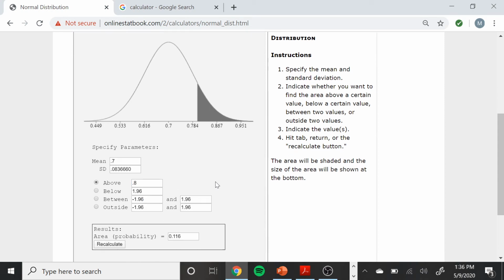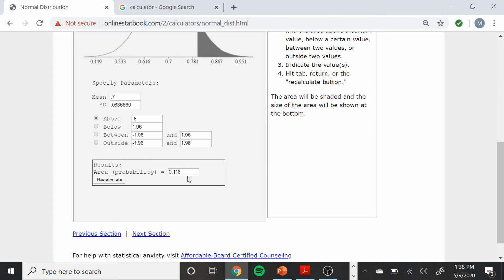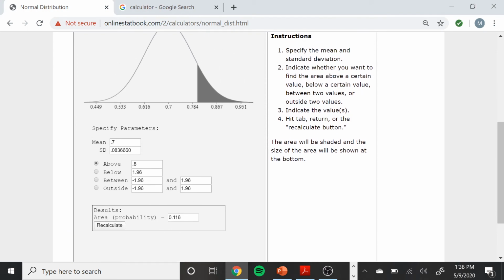Here's the answer, and as you can see, that's quite different. Using the binomial approach, our answer was 0.16, so this is like 5% off. That's pretty far off, so using the normal approach here gives us a very different answer.